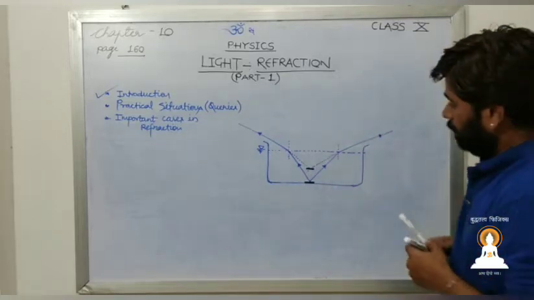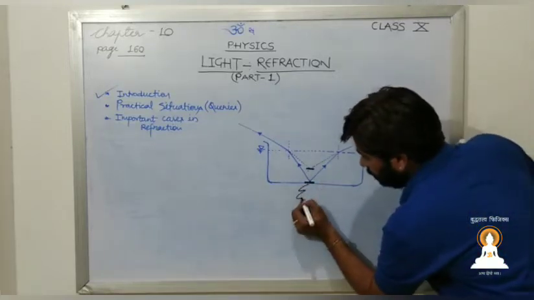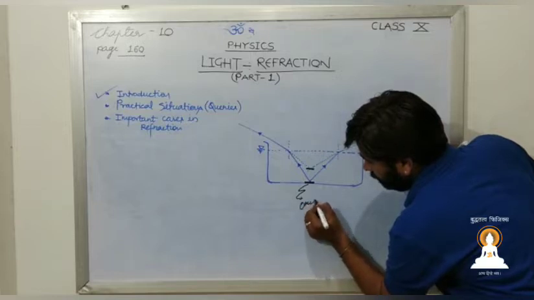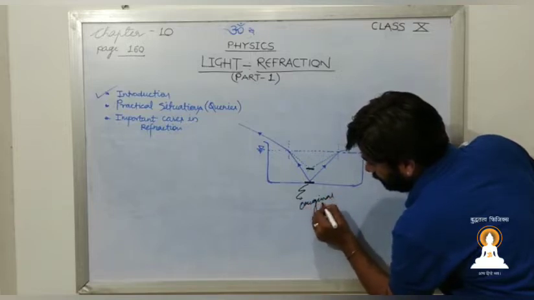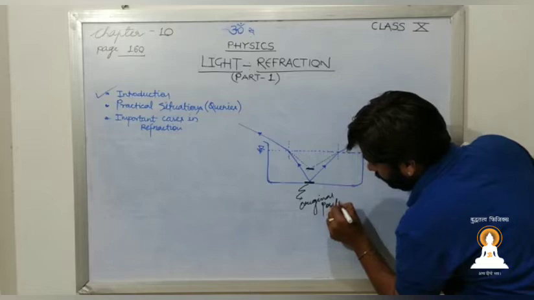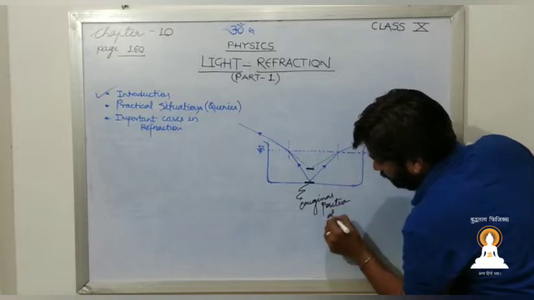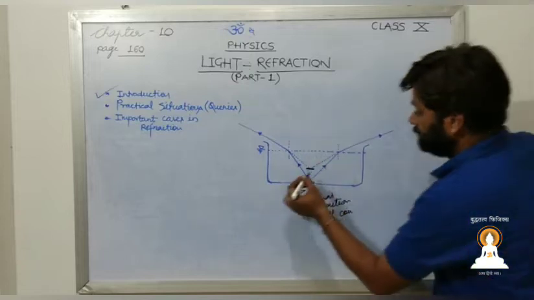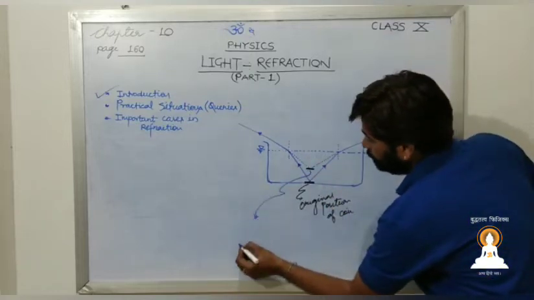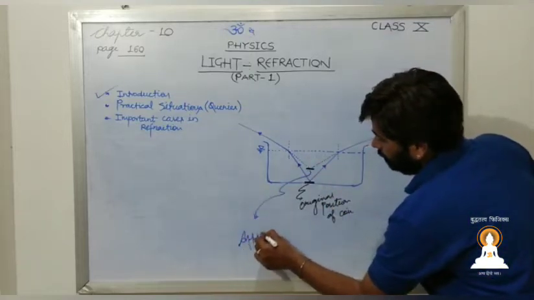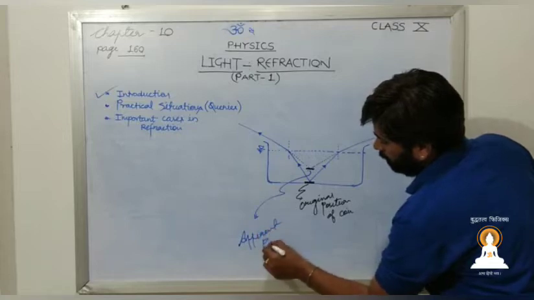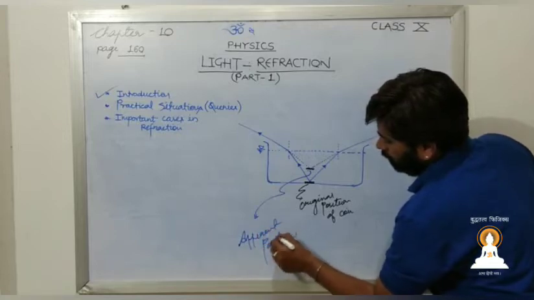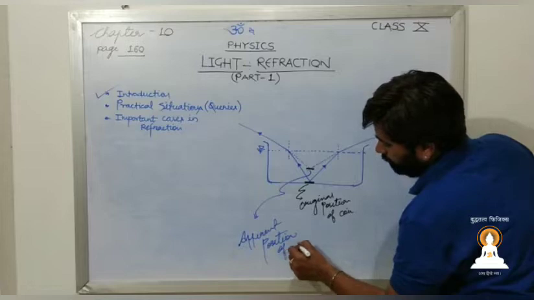So this is nothing but the original position of the coin, and this is the apparent position of the coin.